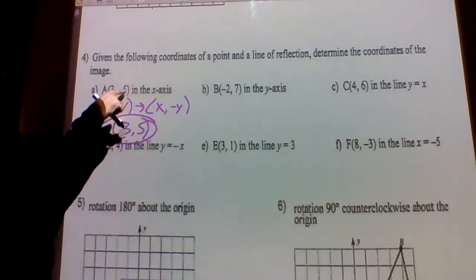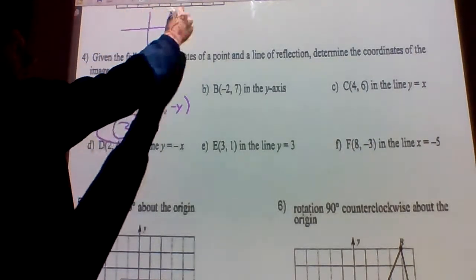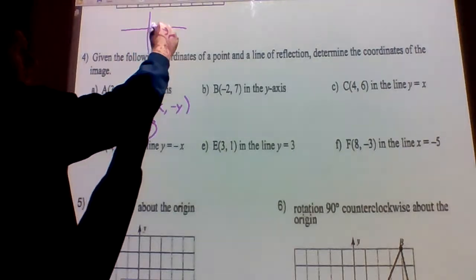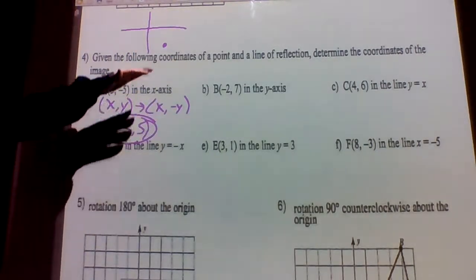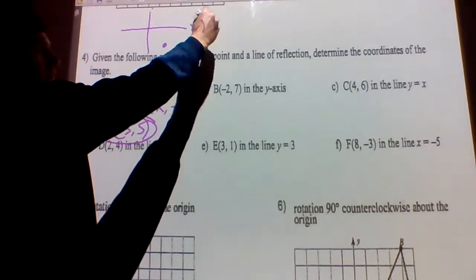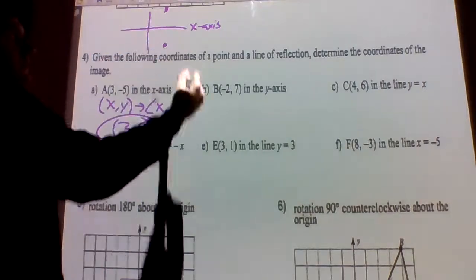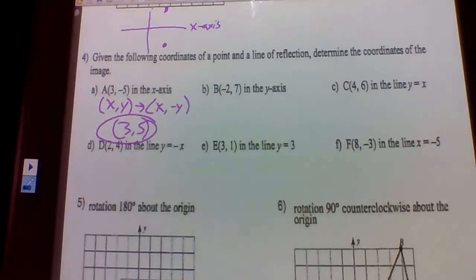Okay, switch the sign on the y. The other way we can do it is we can draw it out. So point 3, -5 is down here. So if we reflect over the x-axis, which is this axis right here, it's going to end up coming up here, so we know it's going to be positive and positive. The 3 is going to stay the same, the 5 is going to become positive.